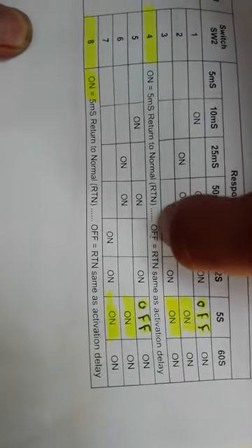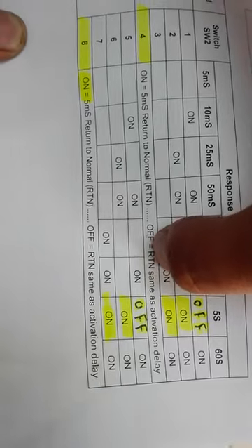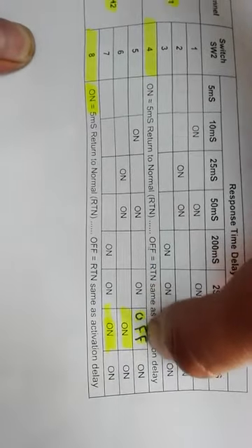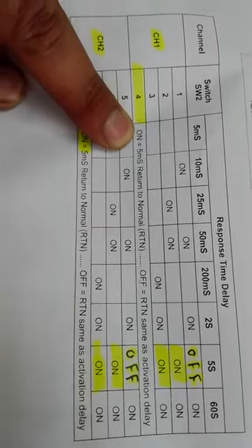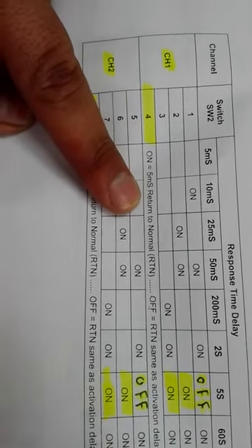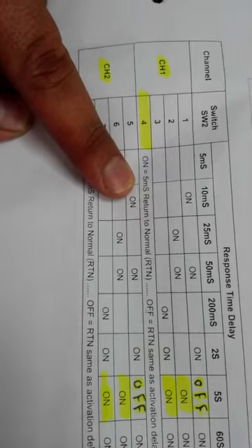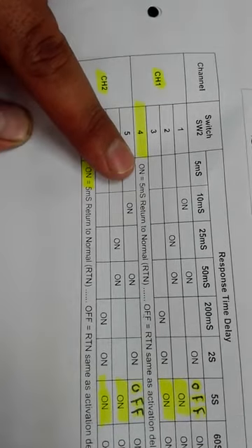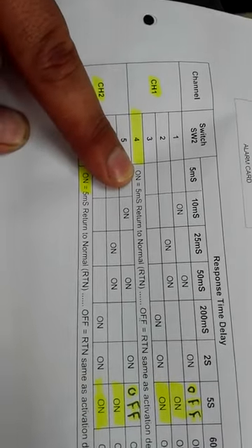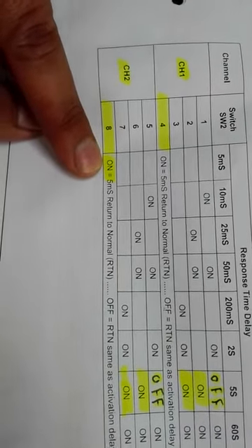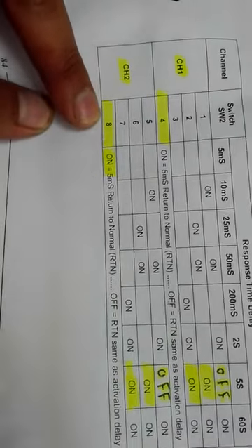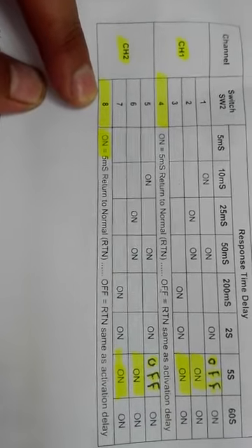If you switch it off, the return to normal is the same as the activation delay. So here we need a 5 second activation delay and a 5 millisecond return to normal, so we will switch it on. Similarly, this logic is followed for point number 8.